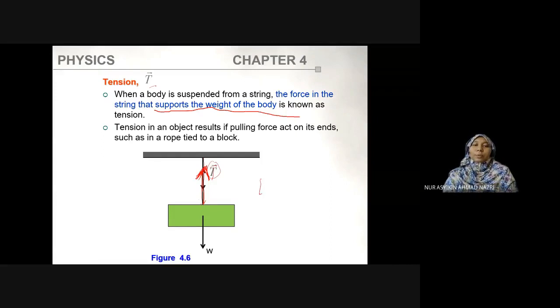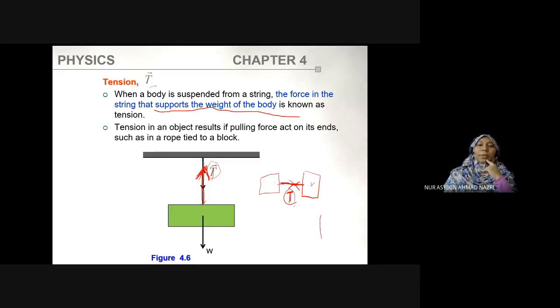Contoh kalau macam ni pula. So ni tension dia mana? Tension dia ini. Okay, arah ke sini. Kalau refer body ni, tension dia arah ke sini. Itulah maksud saya. Tapi sama tak value dia? Kalau dalam satu benang, dalam satu rope, that value akan sama.